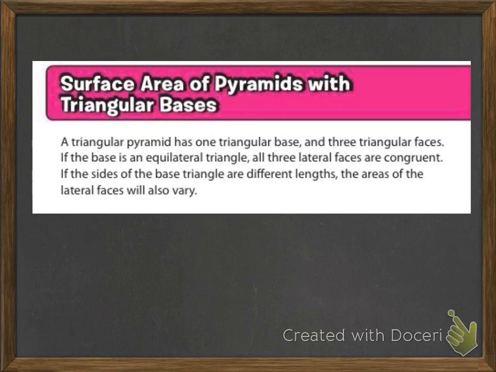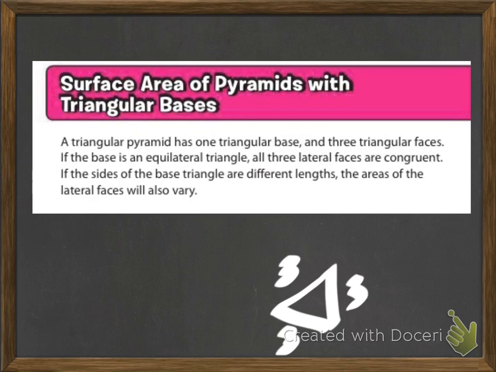So basically, if you can get lucky enough to get the base to have all same sides, like 3 by 3 by 3 here, then you're golden because all of your triangles that stem from this will be the same, which is awesome. So you've got 3 triangles that are the same. You find the area for one of them and multiply times 3, then add it to the base.